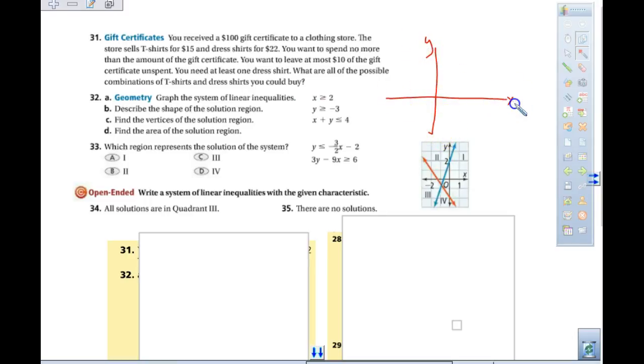A vertical line. All right, so vertical line. And we would shade which direction? To the right. Okay. Next one, Abby, we're looking at y being greater than or equal to -3.